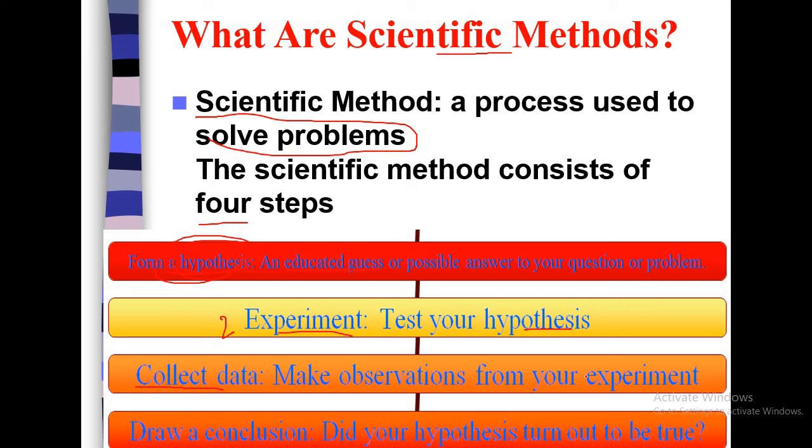This conclusion agrees or disagrees with the hypothesis. Did your hypothesis turn out to be true? So first, we make a hypothesis. Second, make an experiment to test this hypothesis and collect data. Then last step, make a conclusion to determine whether the hypothesis is right or wrong.